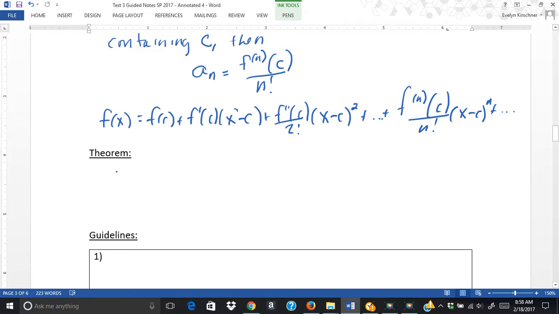So we have a theorem called the convergence of a Taylor series. This talks about when it works.